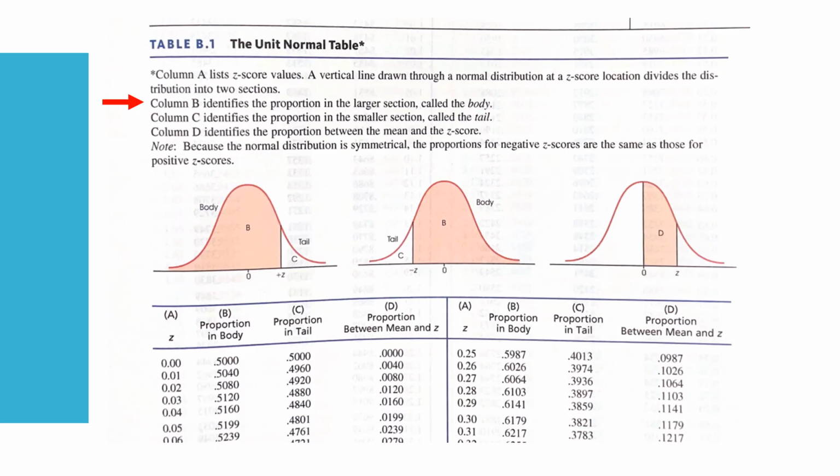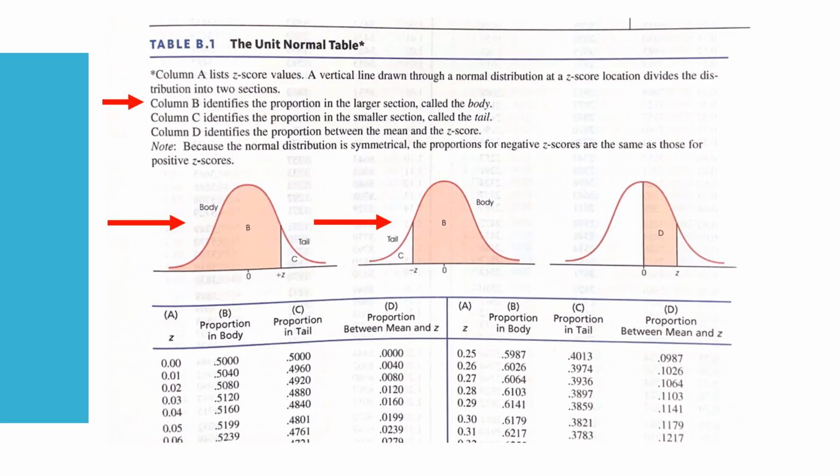Before we take a look at the column, take a look at this image on the left. We have the z-score on the x-axis, and the body represents the majority of scores. For a positive score, this would be everything to the left of the score, and for a negative score, which is what that middle image is showing, the body is everything to the right of that score.